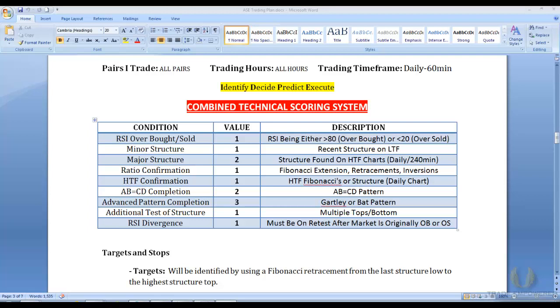So in front of you is the Combined Technical Scoring System, and as you'll see, it's basically a checklist. And what you're looking at right now is the default or traditional checklist. But what I encourage you to do is, as you go on in your trading journey, after you're done going through this training program, if you find other things in the market that are important to you, add them to your list.